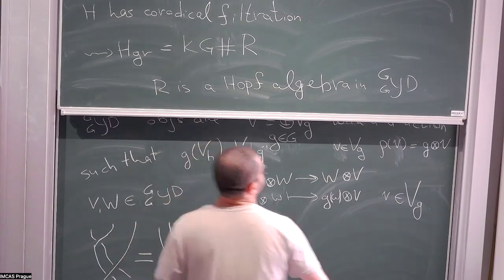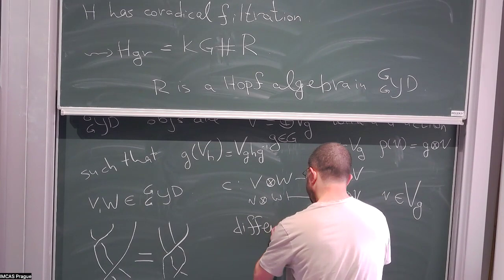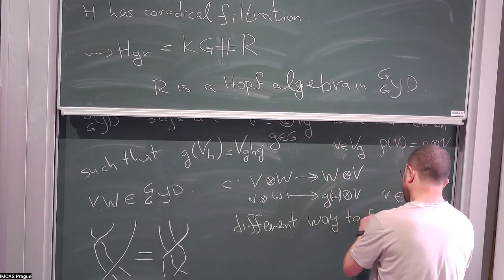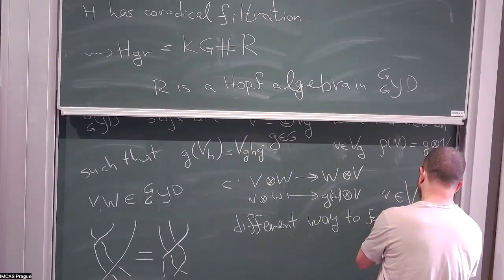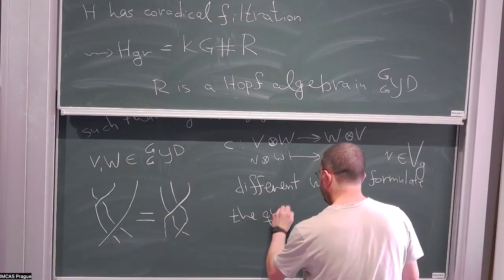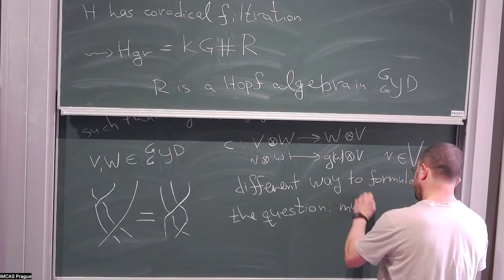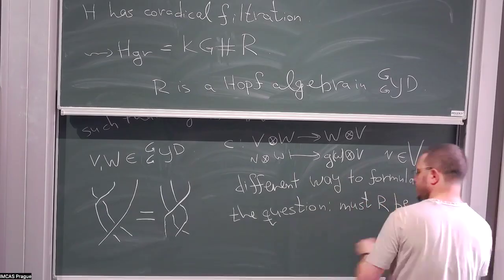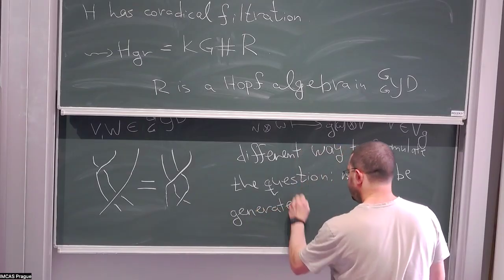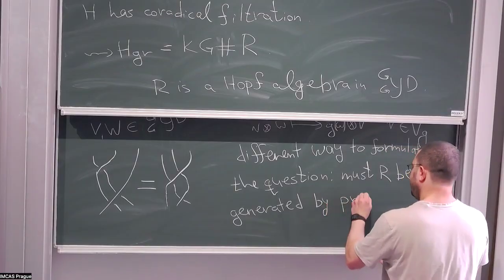Okay, so a different way to formulate the question we mentioned before: must R be generated by primitive elements?